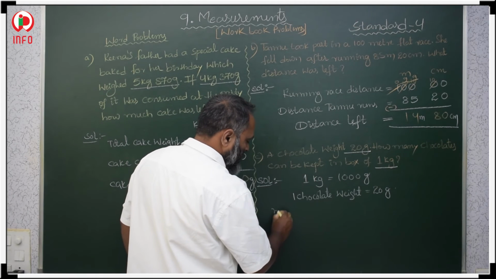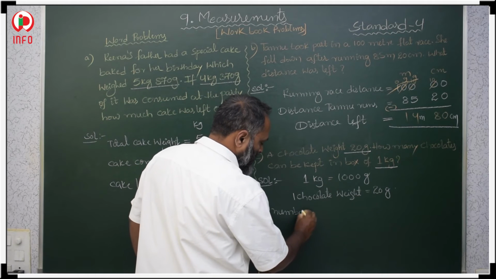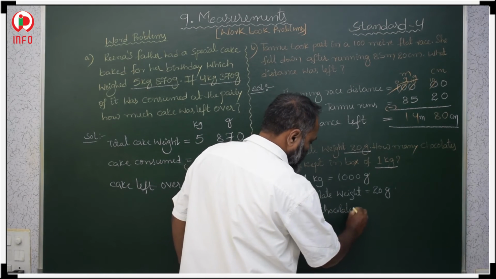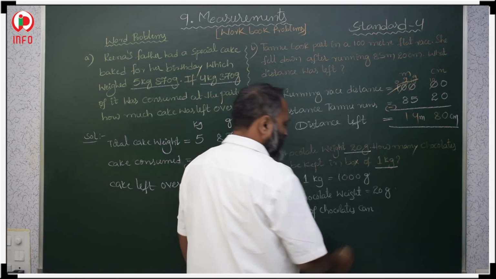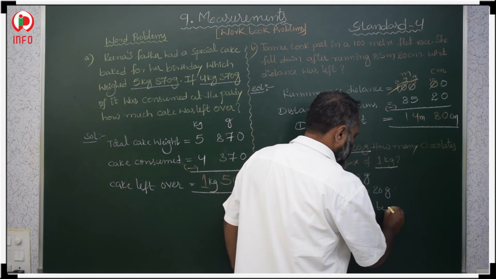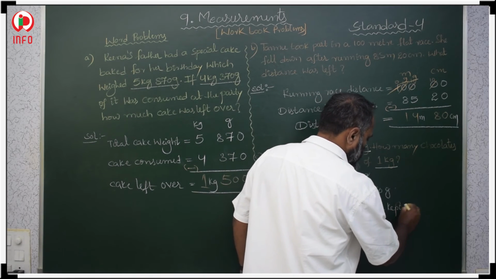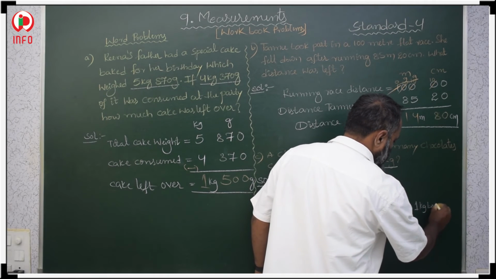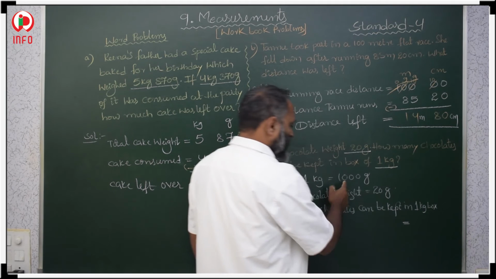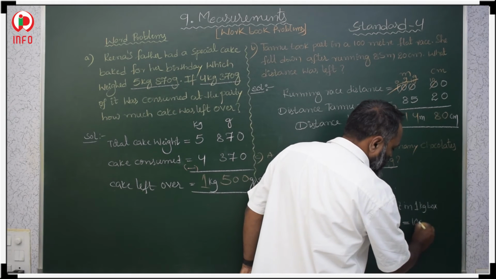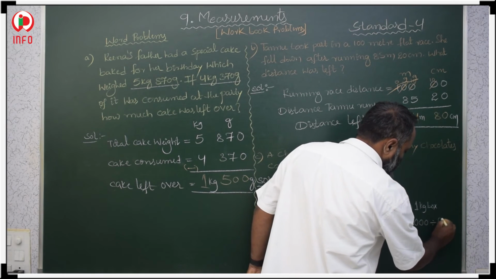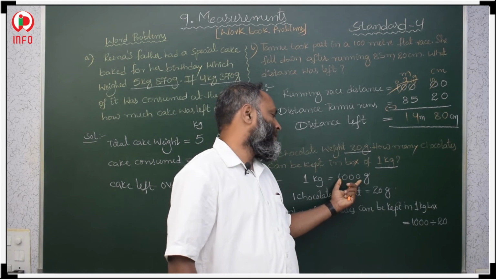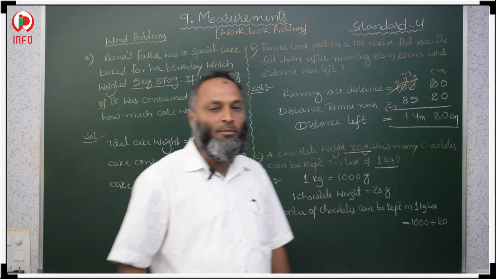The number of chocolates that can be kept in a 1 kg box: 1 kg is equal to 1000 grams, divided by 20 grams. This 1000 grams is divided by this 20 grams.